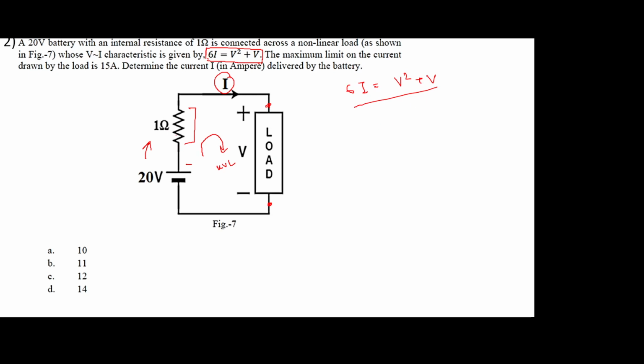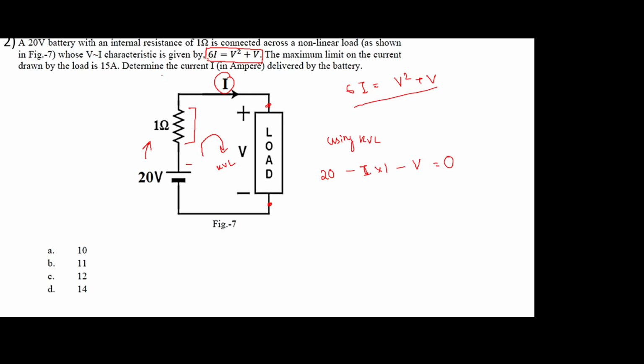Then when we apply KVL across this loop, since current I is flowing through it, we get the equation 20 minus I, where the resistance is 1 ohm, minus the load voltage V, since we do not know the resistance or inductance of this load, but the voltage across the load is given as V. So we can write 20 minus I minus V is equal to 0, right?